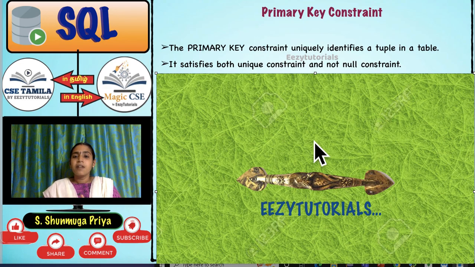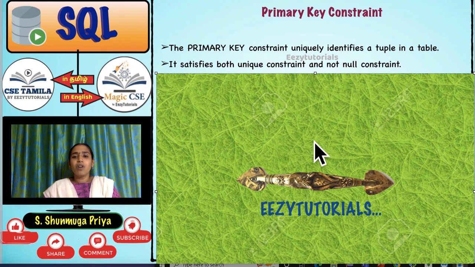Why? Because in a class you can have the same name for more than one person. For example, Abhi is the name of two or three persons, so if you call Abhi, three persons would stand up.